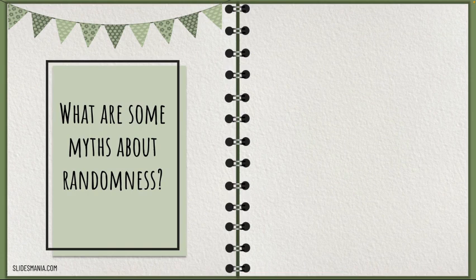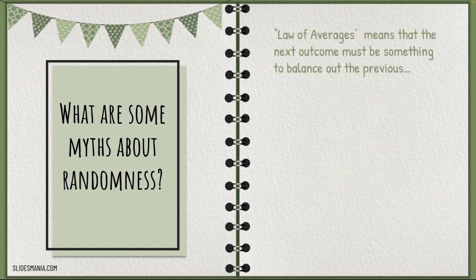So what are some myths about randomness? We have two or three myths. The law of averages means that the next outcome must balance out the previous. Like what I was talking about, heads, tails, you would expect it to alternate, but that's not the case. The idea that the next outcome must simply balance out the previous is a myth.